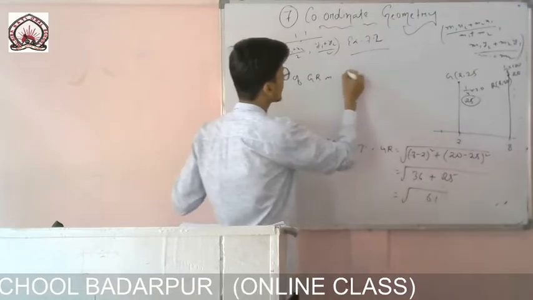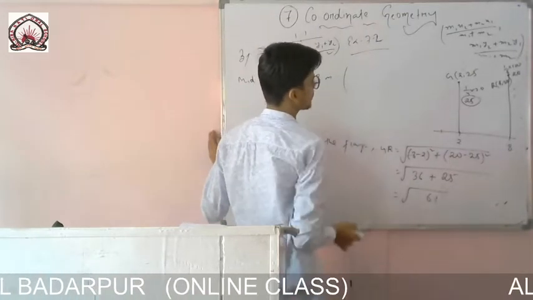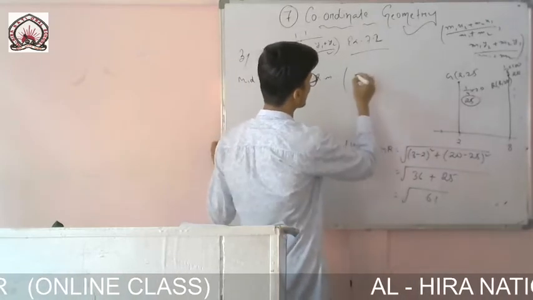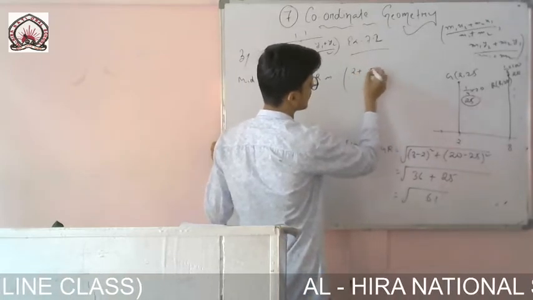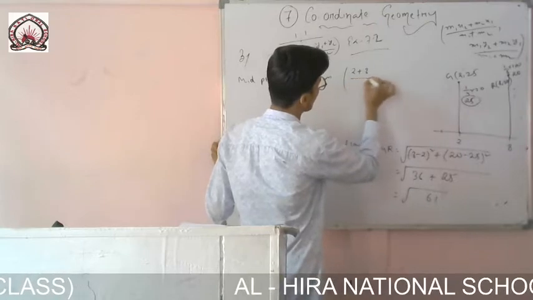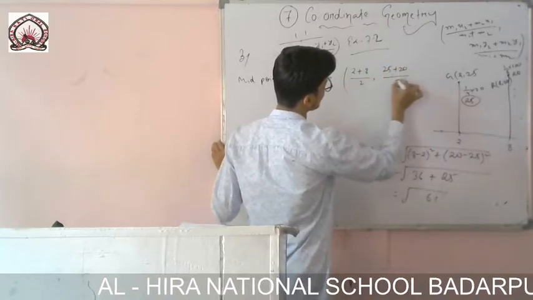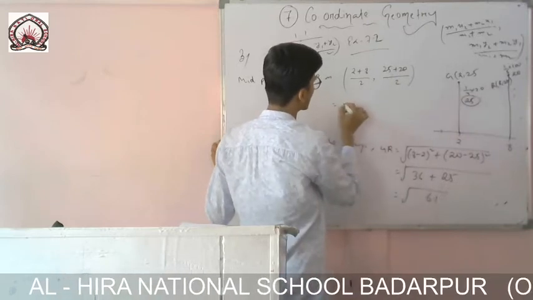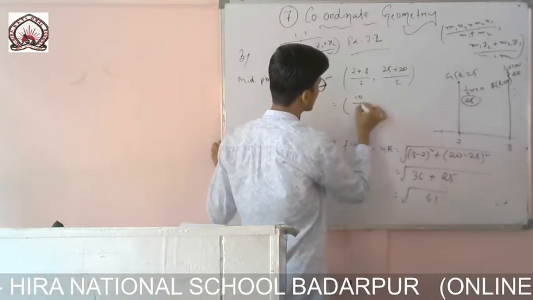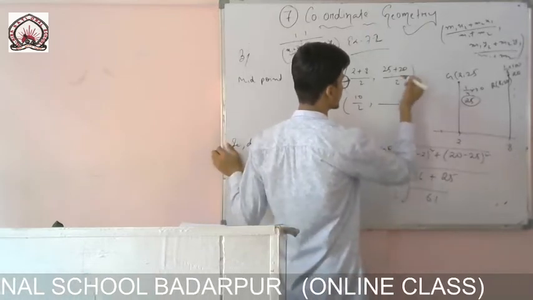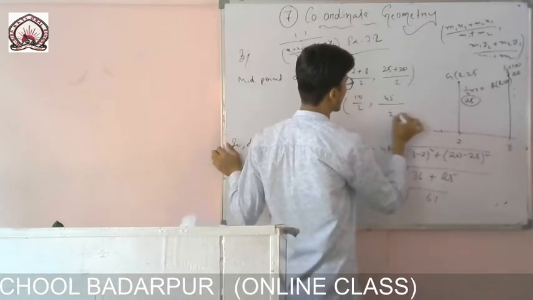These are the coordinates: x1 plus x2, x1 is 2, so 2 plus 8 by 2 comma, and that one it is 25 plus 20 by 2. So 2 plus 8 is 10, 10 by 2 comma, and there 25 plus 20 is 45 by 2.